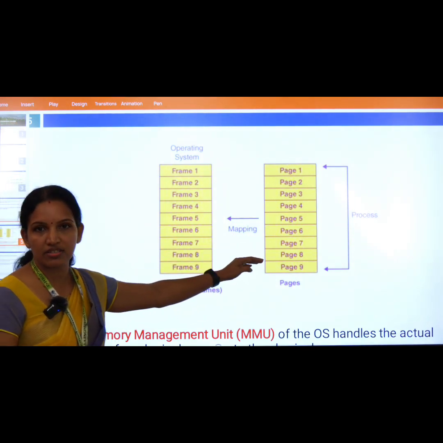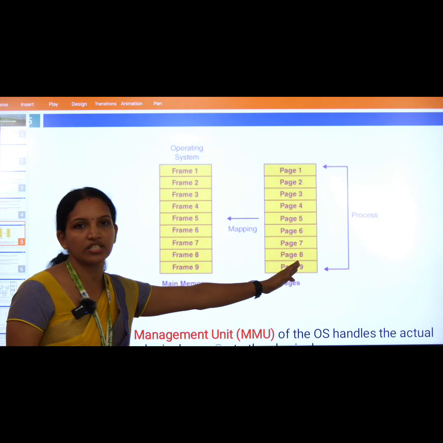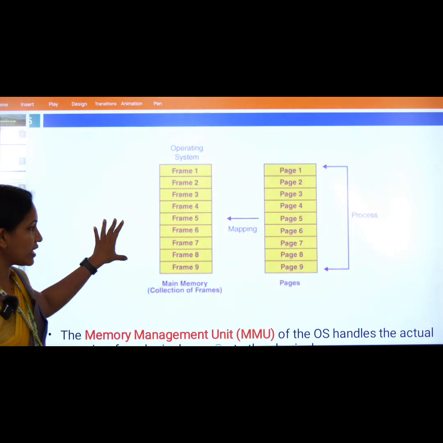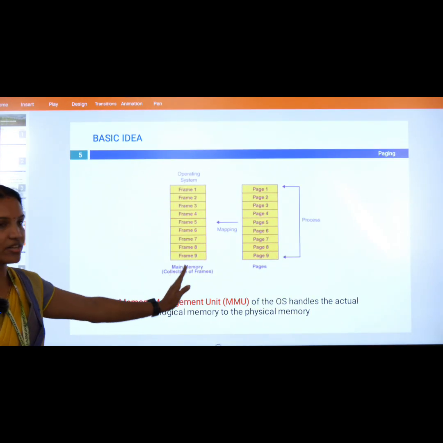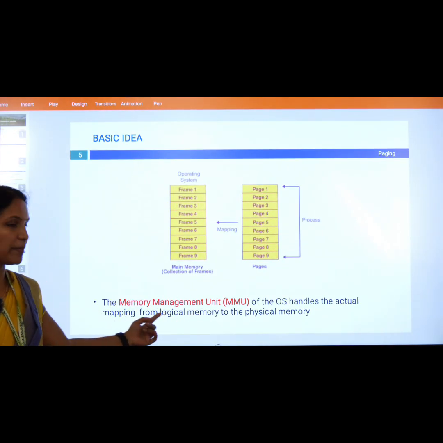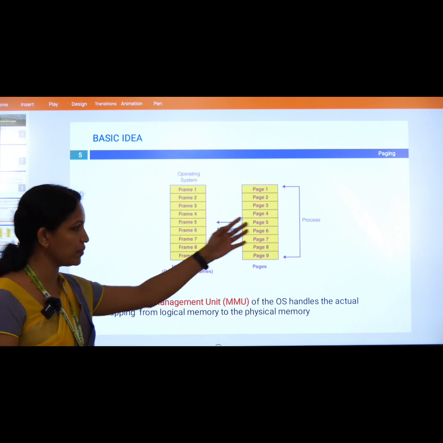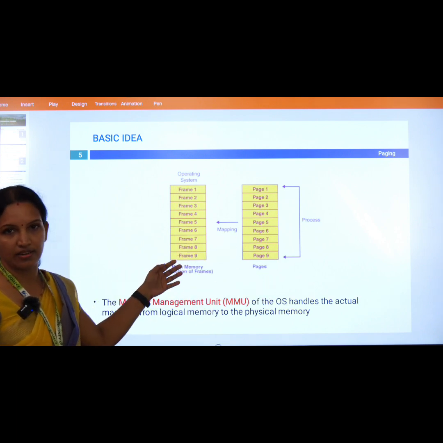So there needs to be an address translation from the logical or virtual address space to the physical address space. In operating system, this address translation will be done by the memory management unit. It is basically a hardware. So the MMU is responsible for the address translation from logical address to physical address.